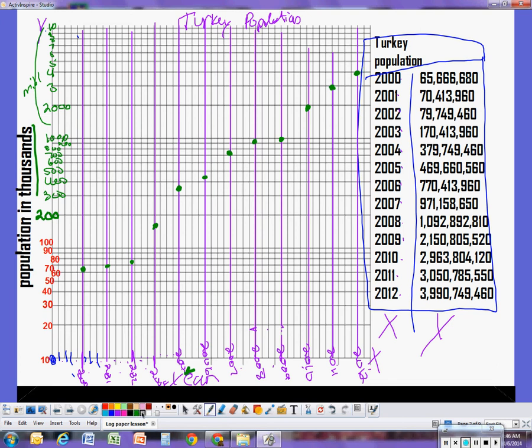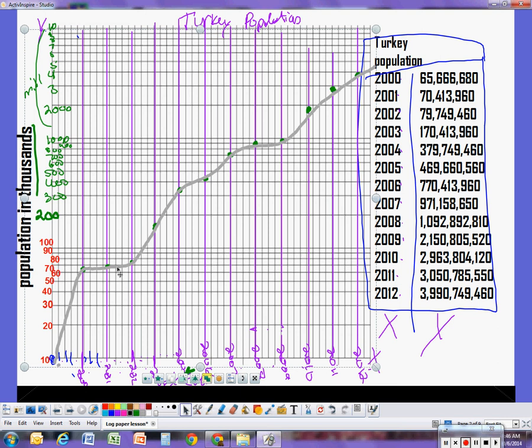So connecting the wonderful dots. No, I just want to click the line. Just give me my line. There we go. That is a J curve on graph paper.